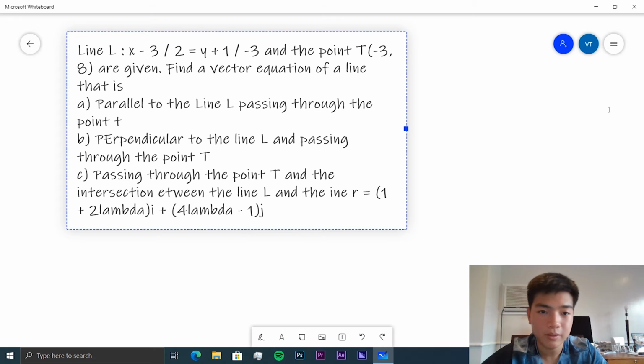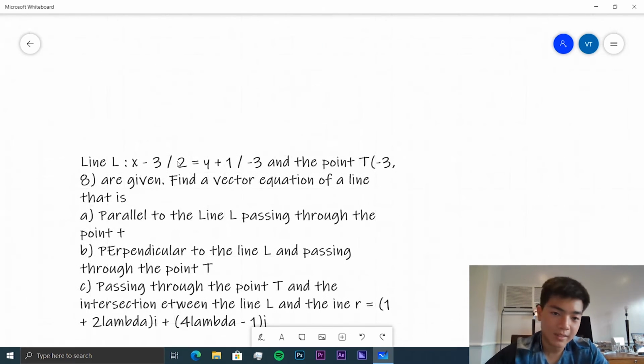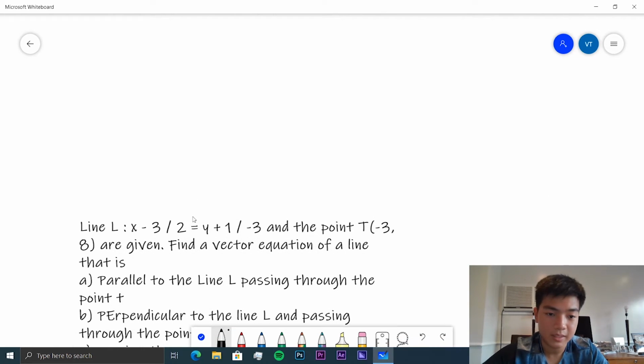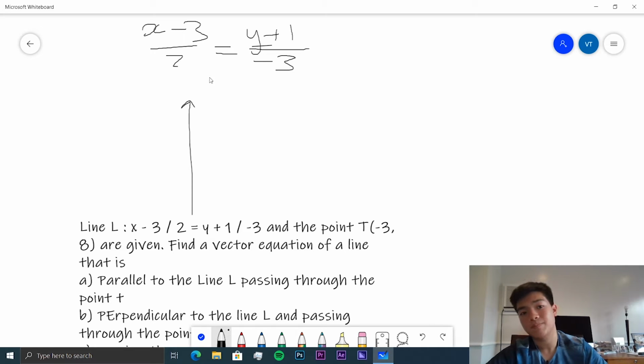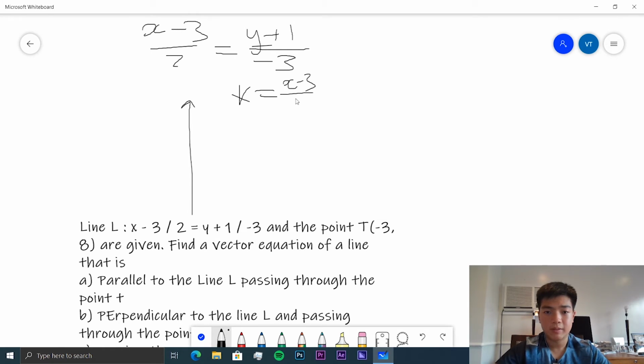So let's do these in order. First, I'd like to convert this Cartesian equation into a vector equation. We can tell this is of the form k is equal to (x minus 3) over 2 and k is equal to (y plus 1) over 3.